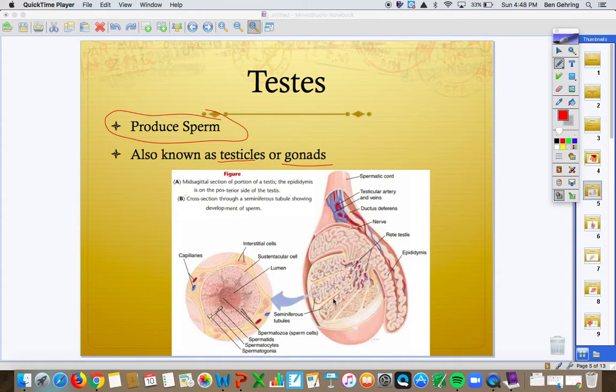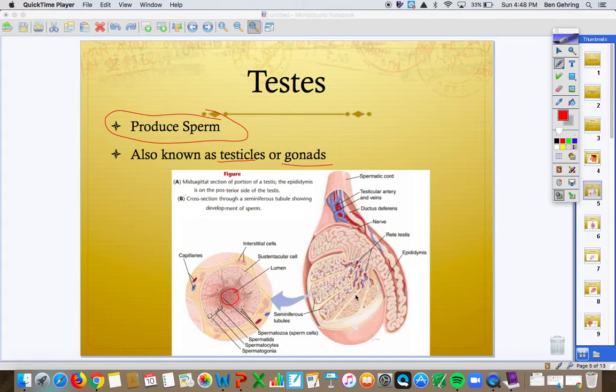With your testes, this is a smaller cross-section through a seminiferous tubule. These are your seminiferous tubules here. This is where the sperm is dividing and maturing, producing sperm cells. The lumen is a space surrounded by these different spermatozoa, or sperm cells, spermatids, spermatocytes and spermatogonia.